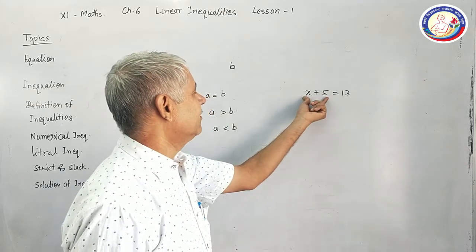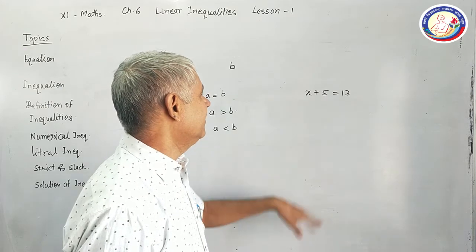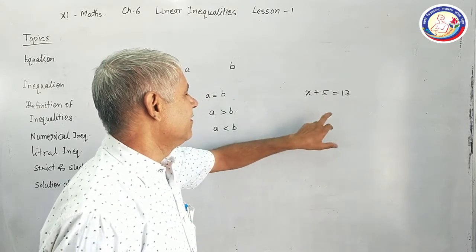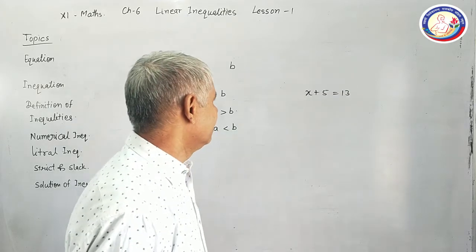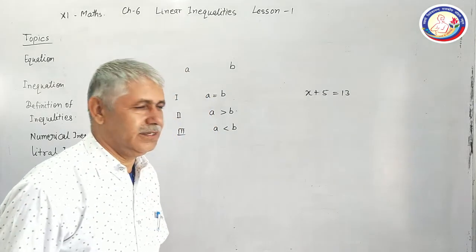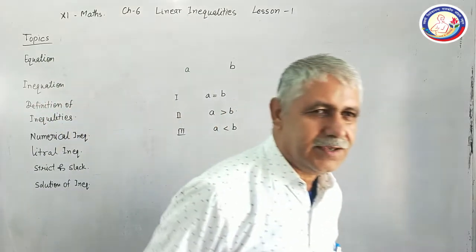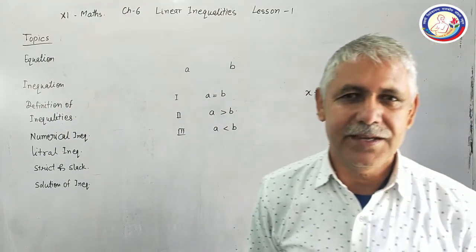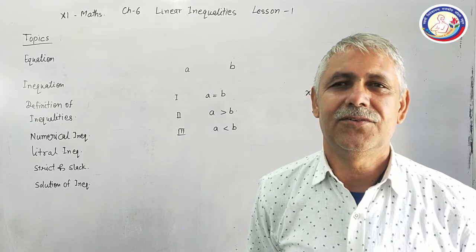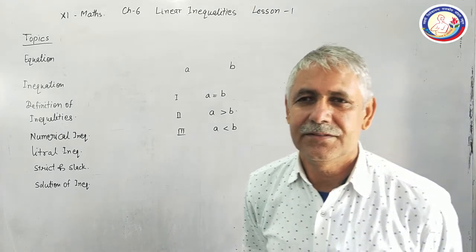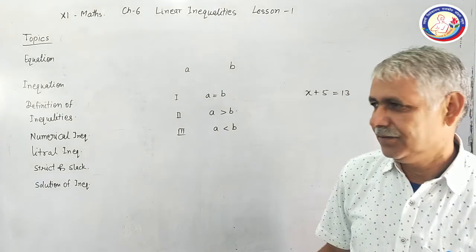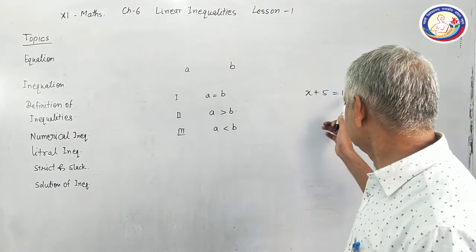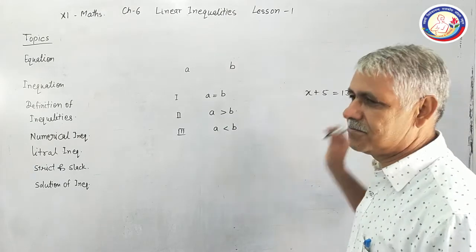This is an equation or a mathematical statement, in which x is variable and 5 and 13 are constants. So we know that in any equation, we must have variable and constants and sign of equal. The relation between two sides must join them with equal.